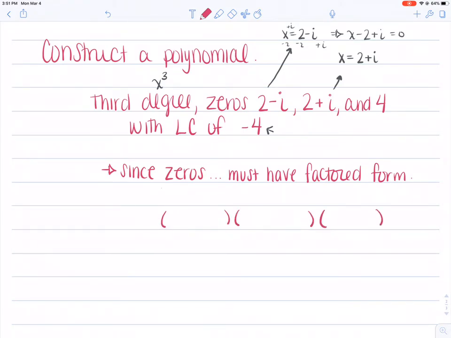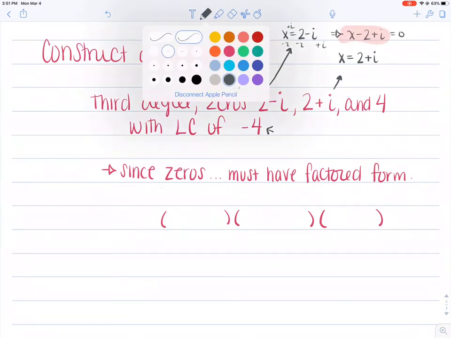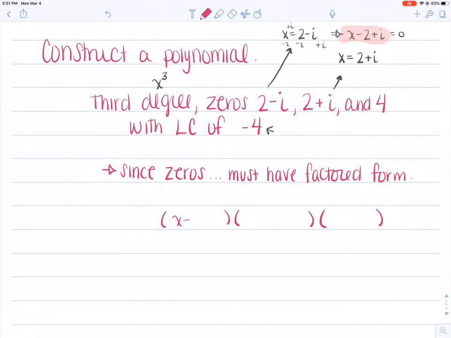Because I have 3 zeros, I'm going to have 3 parentheses. So the first one is going to be x minus 2 plus i. The second one's going to follow the same. Instead of it being 2 minus i, it's 2 plus i, so I'm going to move them all over.